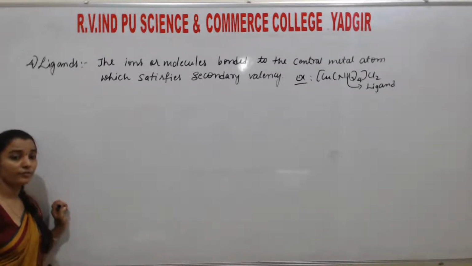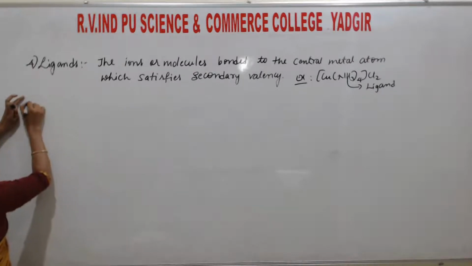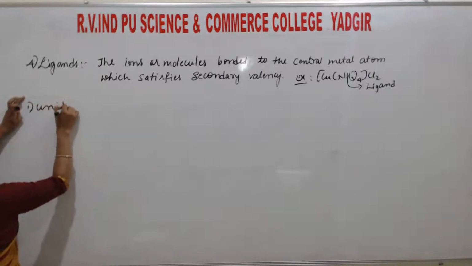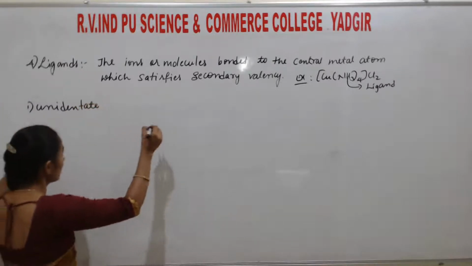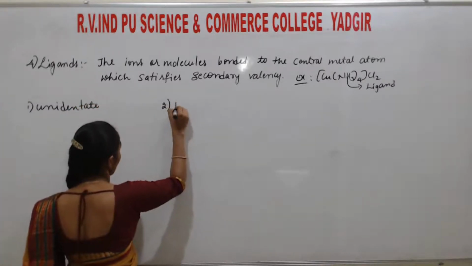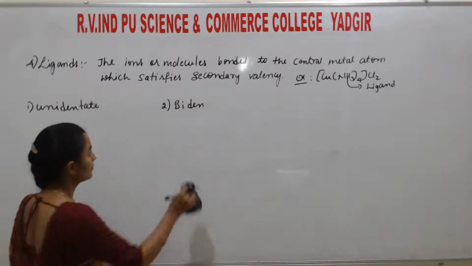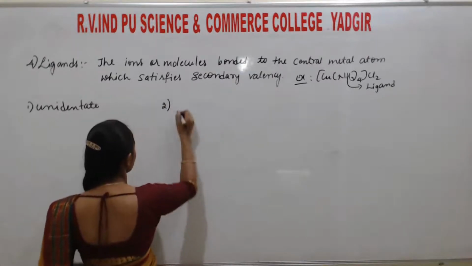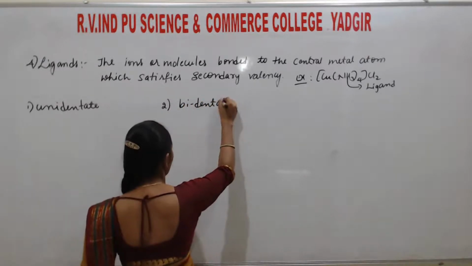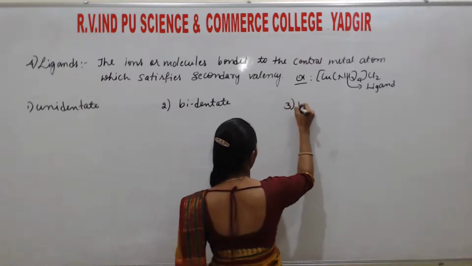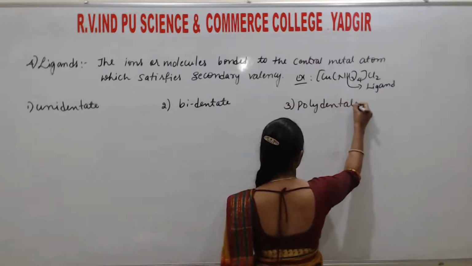In this ligand, students, again there are types. Based on the number of donor atoms, it is classified into unidentate, bidentate or didentate, and polydentate.